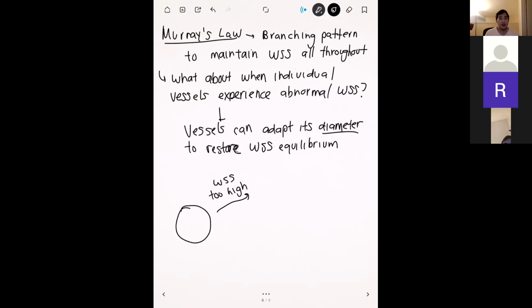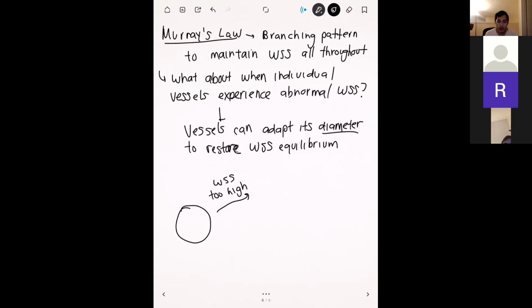Okay. And so in those cases, when your wall shear stress is too high, you want to alleviate some of those velocity gradients that are near the wall, right? Because remember, the way you compute wall shear stress is you take the product of viscosity multiplied by your velocity gradient, okay? And so if your wall shear stress is too high, you want to alleviate those gradients a little bit.